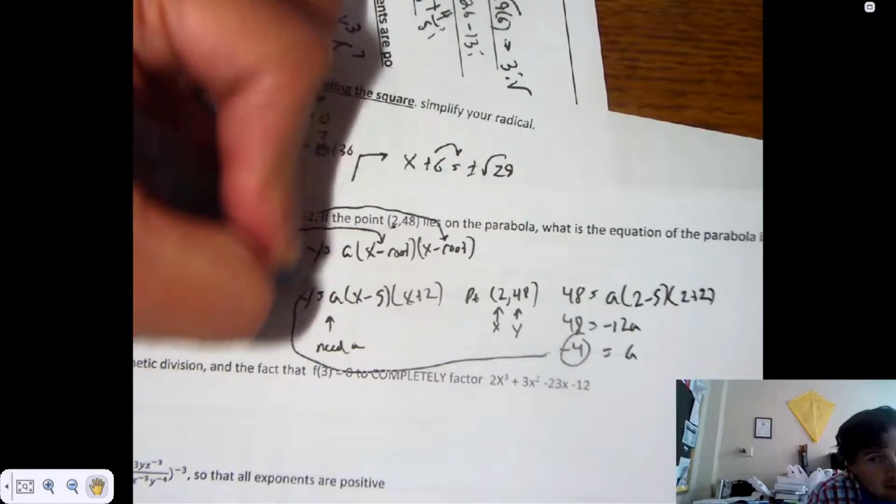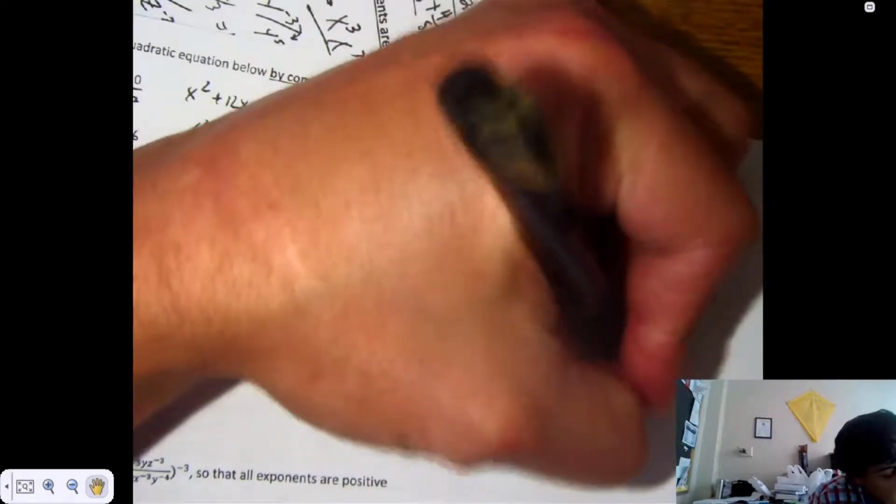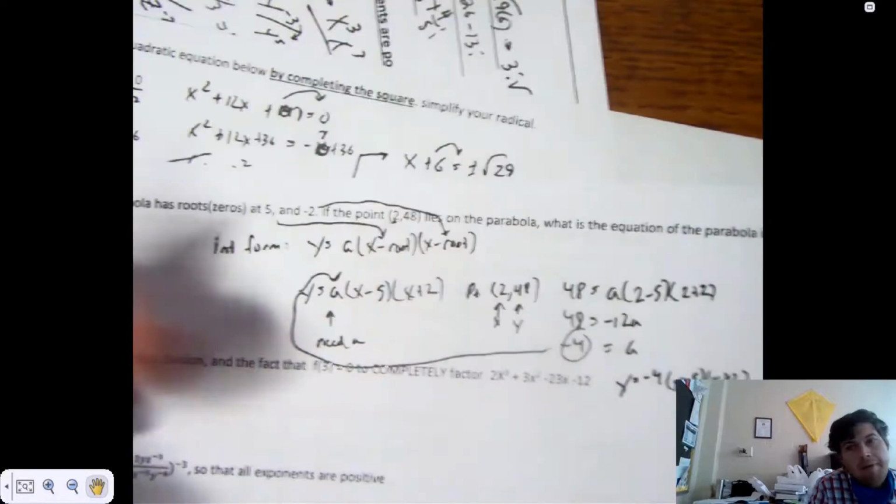That means that there's a -12 attached to this a, which makes a -4. So my actual equation is when I take that -4 and I put it right up there. So y would be -4 times x minus 5 times x plus 2. There's your equation. It's not hard.